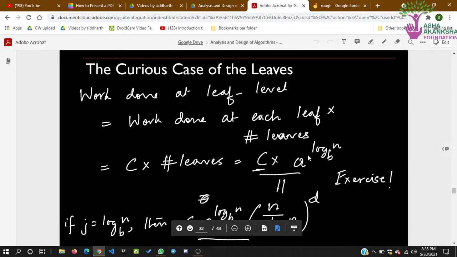Why do we take this? Because we took a raised to the power j as the number of problems at any particular level j. So at the leaf level, j is equal to h is equal to log base b of n, and hence we take this.